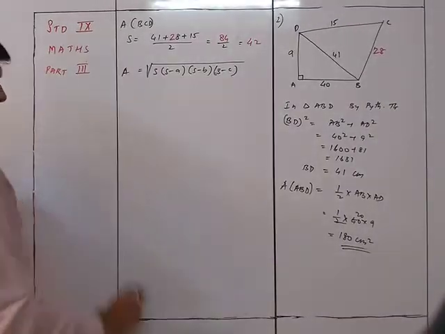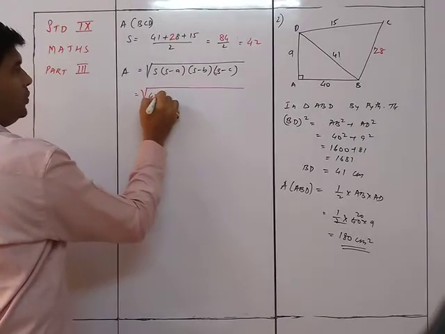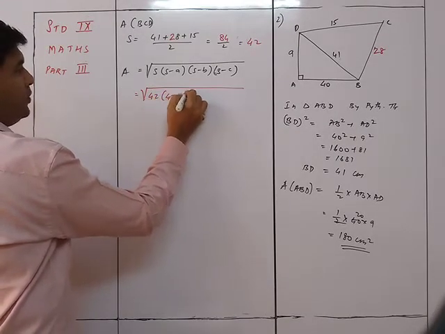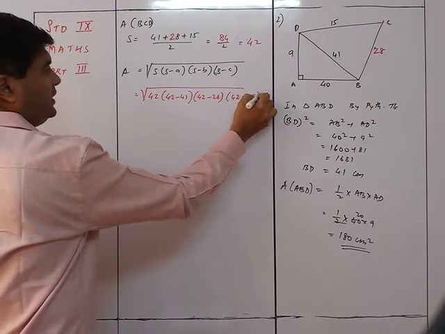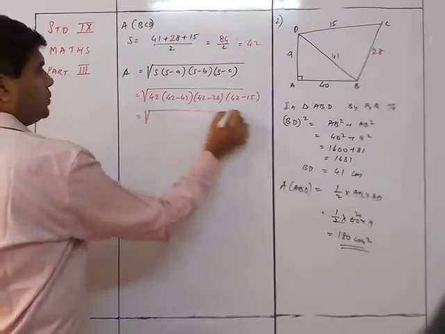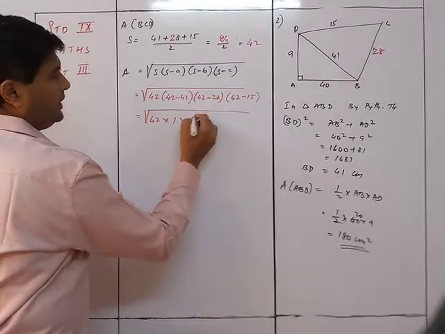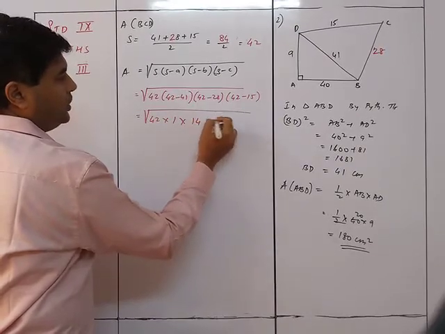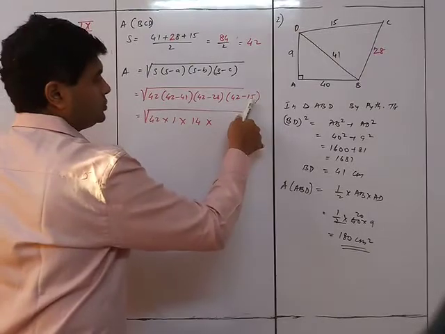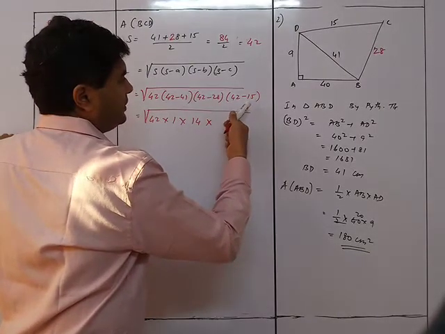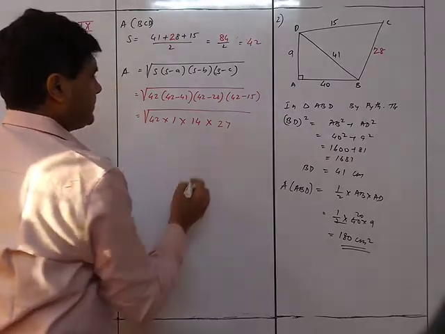So let's see now. This is going to be 42 into 42 minus 41 into 42 minus 28 into 42 minus 15. So this is going to be square root of 42 into 1 into 14 into 27.